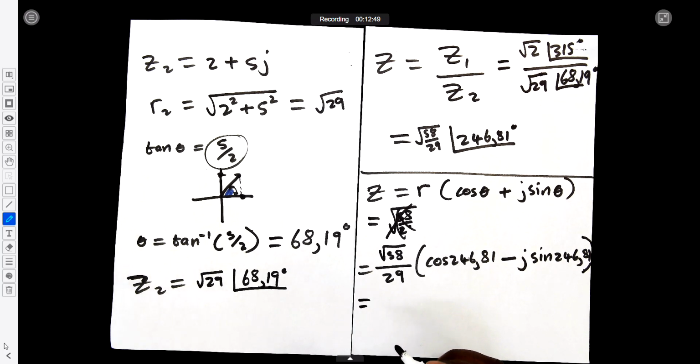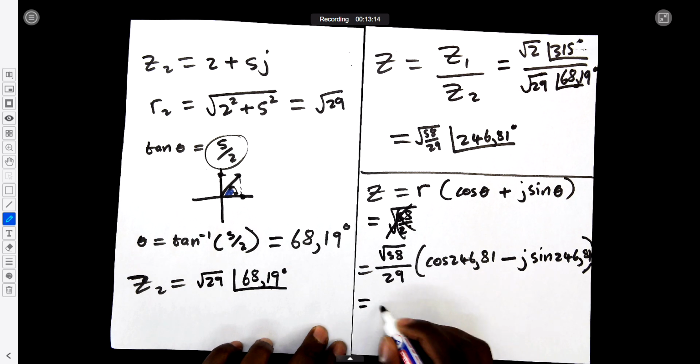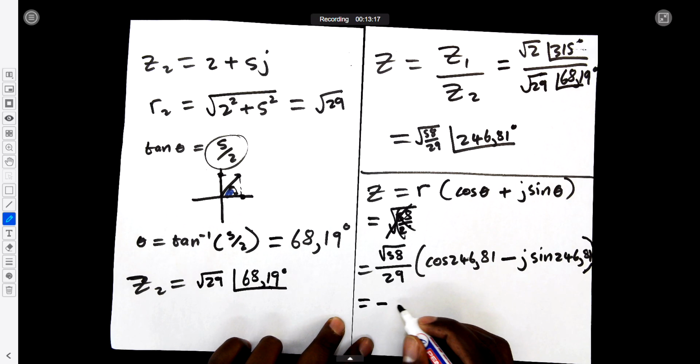What do we get? Something over 29. Is it not negative 3 over 29? Root 58 over 29 multiplied by cos 246.81 is negative 0.09.